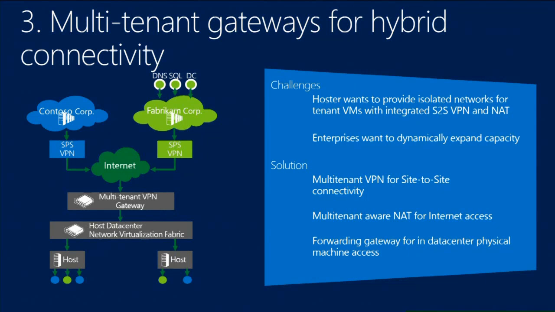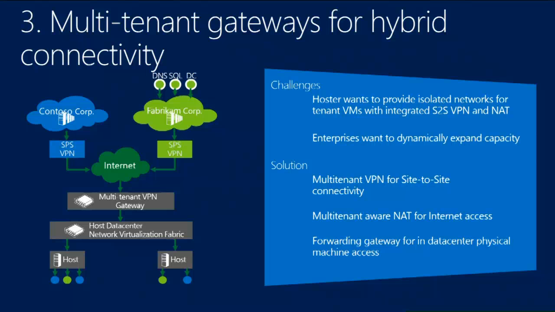So the third step is to say that if I have a topology that spans across virtualization boundaries, say I have a VM in my data center that wants to talk to the internet, well, there's no Hyper-V network virtualization on the internet. If you have a VM that needs to connect back to your corporate network over a site-to-site connection, for instance, you may not have Hyper-V network virtualization in that environment.